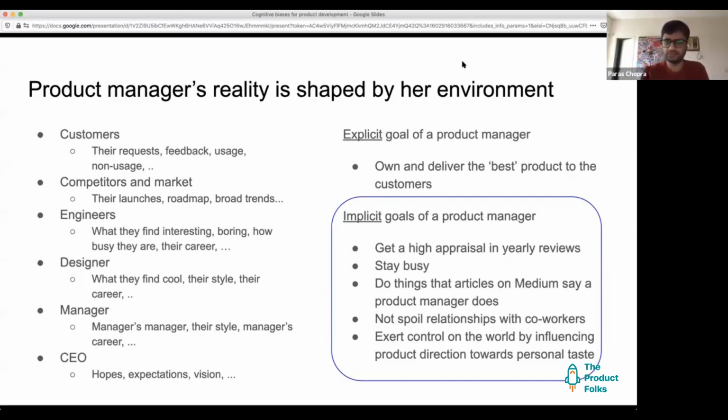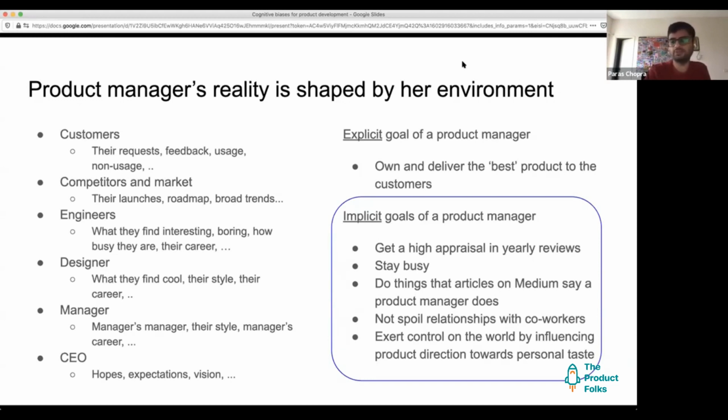A product manager obviously is a human, and a product manager's reality is shaped by her environment. And what is a product manager's environment? On the left, you can see all the entities that shape the product manager's reality. There are customers with their requests, their feedback, their usage, their non-usage, then their competitors and markets.